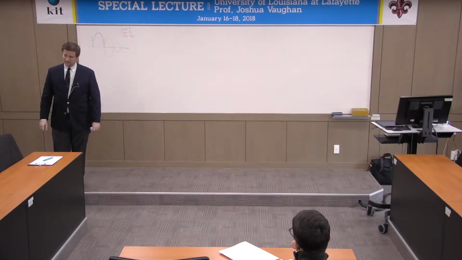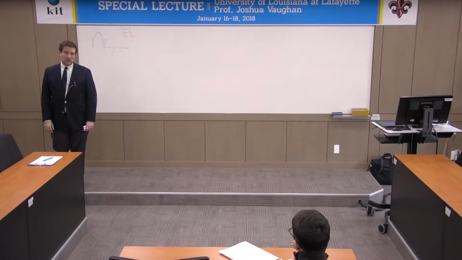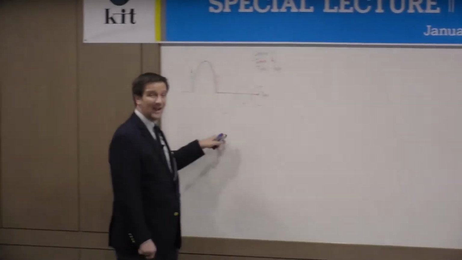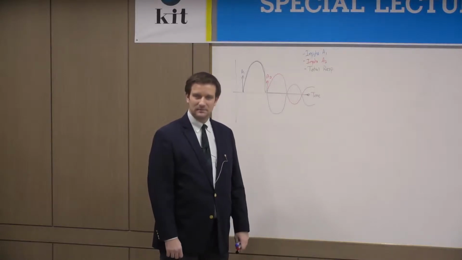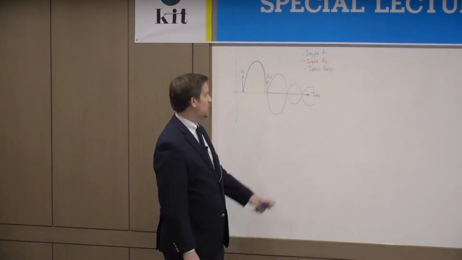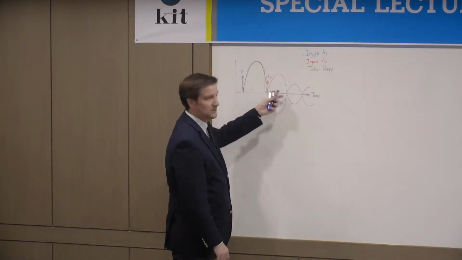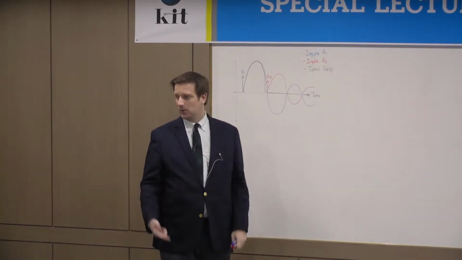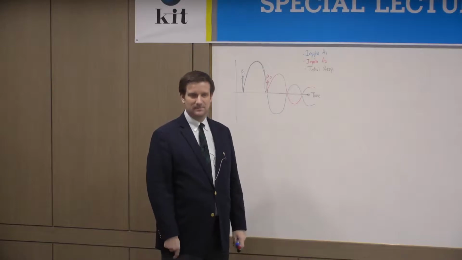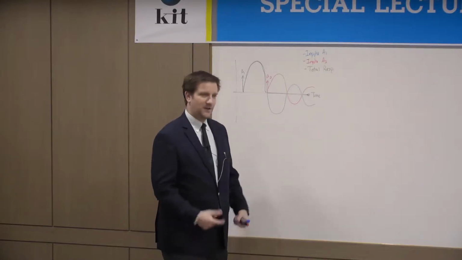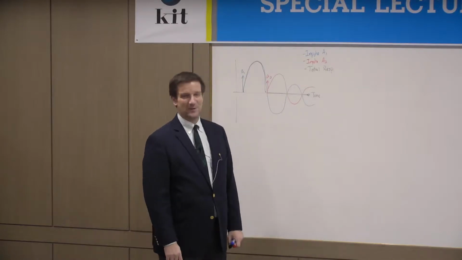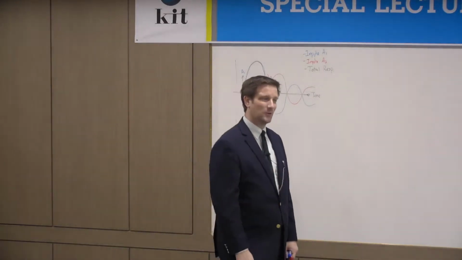It's linear, right? So this requires system linearity because this relies on superposition. Superposition is what makes this work. And superposition only strictly holds for linear systems. It can almost be true for nonlinear systems, but strictly true only for linear systems.